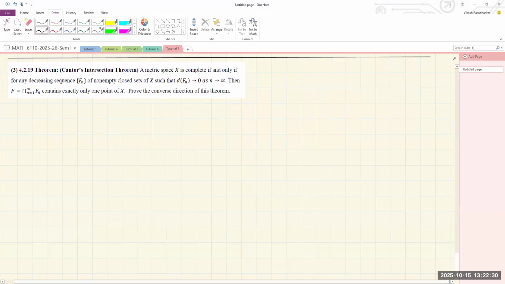Okay, so for the final question, it involves Cantor's intersection theorem, or the converse of it. So let's recall what this theorem says.